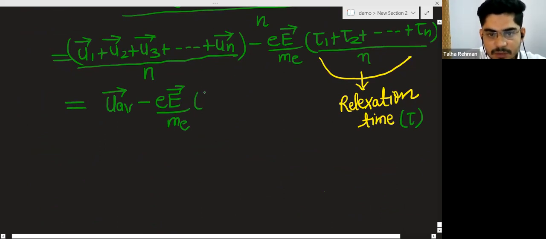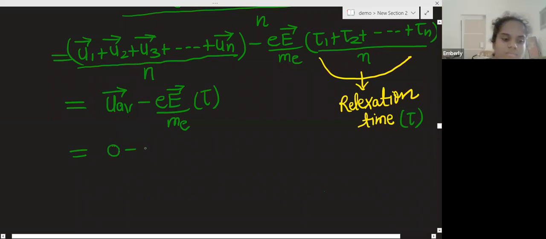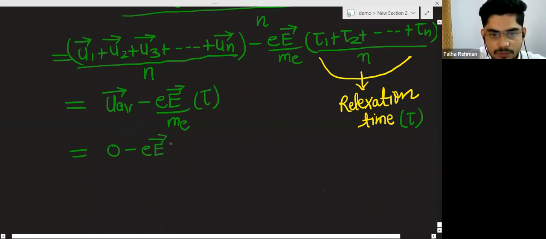This is known as relaxation time. And this is equal to 0. So this is e E tau by m e, and this is the average velocity.